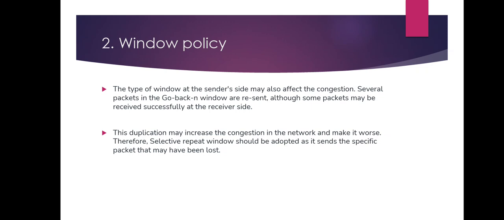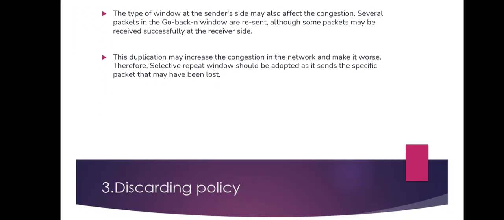In a selective repeat window policy, if the sender does not get acknowledgement for some packets, it resends only those packets. It does not send all packets again. But in go back N window, it resends all packets again even if they successfully reached the receiver side. So this is window policy.